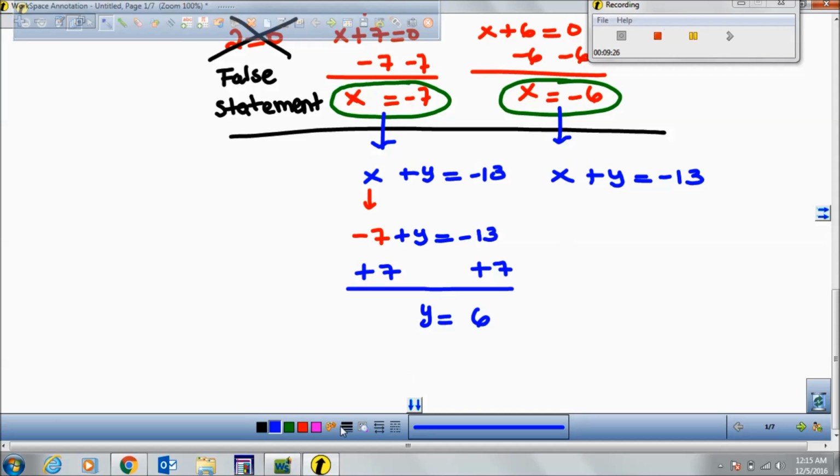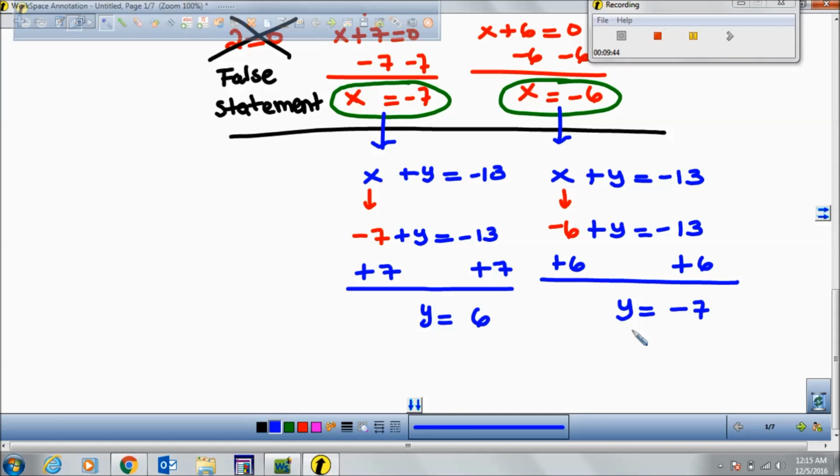Over here, we're going to substitute negative 6 into the x, and then we're going to do plus 6 on both sides. So y equals negative 7. These are the corresponding y's to those two x's.